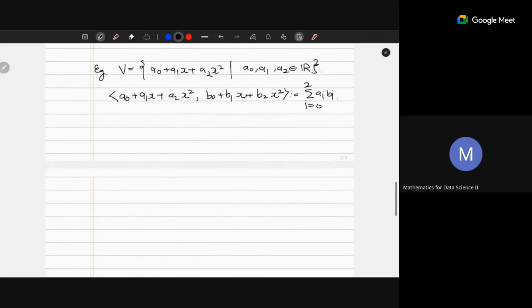Now for v1 equal to x plus x squared and v2, what is the inner product of 1 plus 3x and x plus x squared?